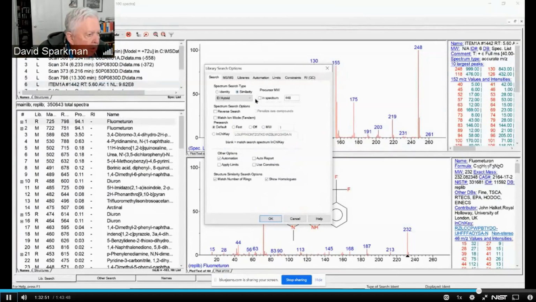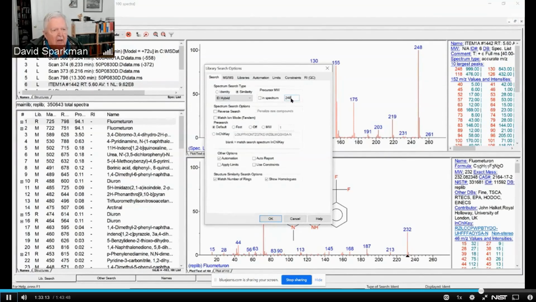So I'm going to do a hybrid search, and I'm going to specify the molecular weight as being 248. Now, remember Jim told you that if you don't know the molecular weight, you can do chemical ionization.